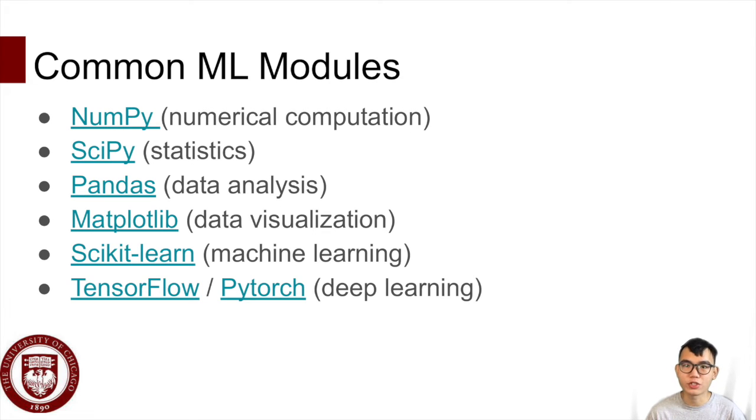There are some important machine learning modules that you should be aware of. NumPy is for numerical computations in Python. It is heavily optimized so that you see huge speed performance gains over raw Python. SciPy is for helping you compute statistics and mathematical operations. Pandas is the library for working with data and finding ways to analyze it.